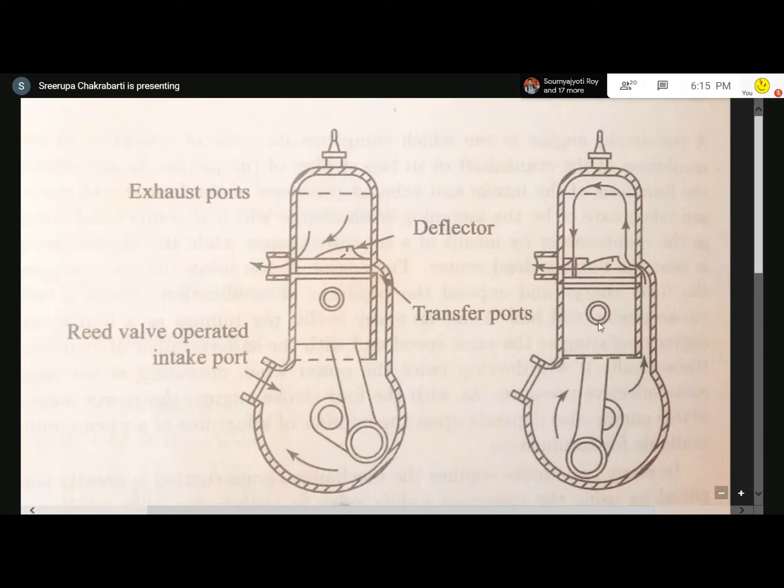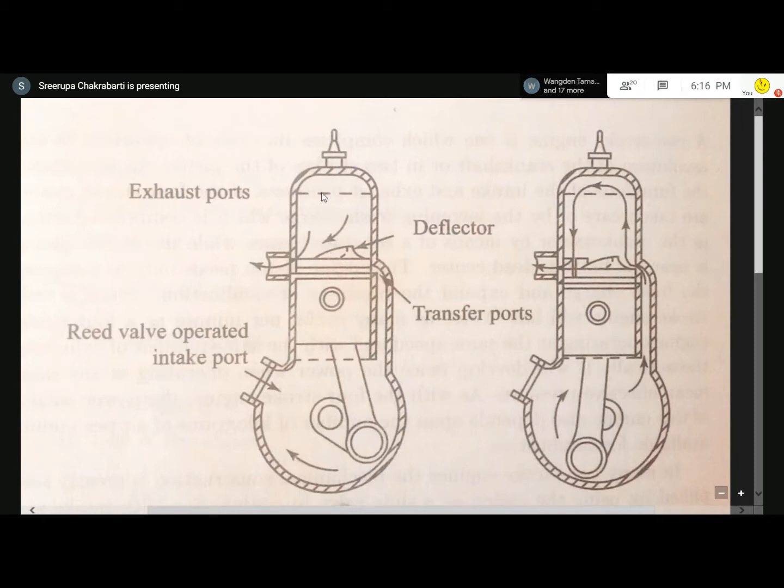So they should be coaxial. In order to ensure that, we have made the piston of a certain length, so that it always gets good support from the cylinder, and there is no misalignment between the axis of the piston and the cylinder.